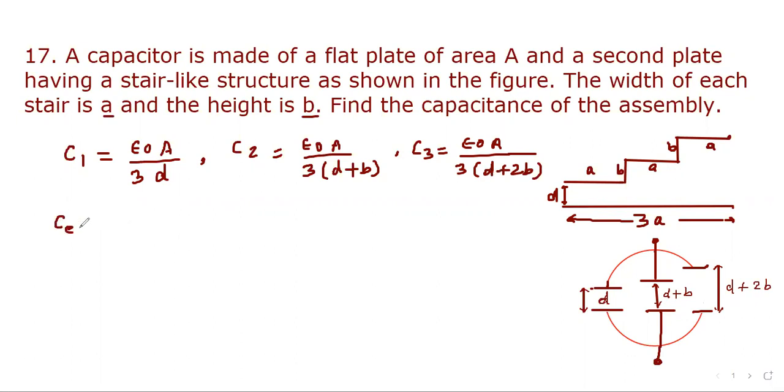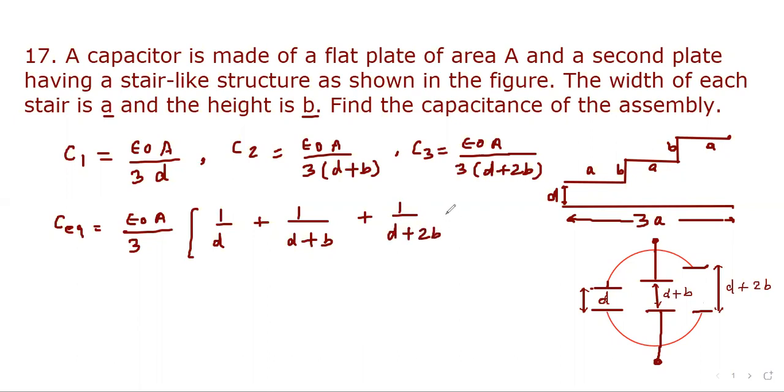So C equivalent will be the sum of all 3, that is epsilon naught A upon 3 common, 1 upon D plus 1 upon D plus B plus 1 upon D plus 2B. Now epsilon naught A upon 3.